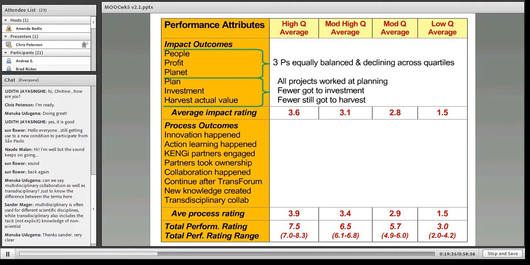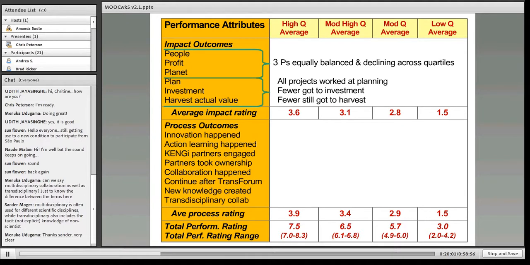Now, how did we measure the process outcomes? Well, essentially, we began by asking: did innovation actually happen during the project? Did action learning actually happen? Did the KENG partners really engage in what was going on?